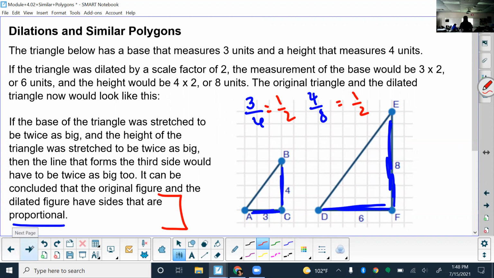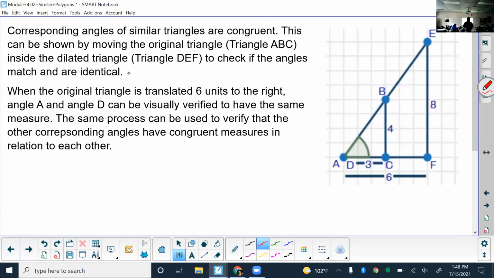All right, so next slide. Corresponding angles of similar triangles are congruent, and it can be shown by moving the original triangle, so triangle ABC, inside the dilated triangle, and seeing if the angles match and are identical.